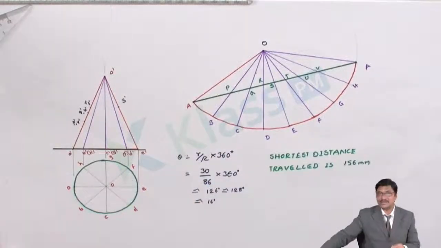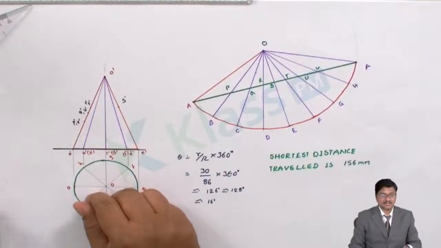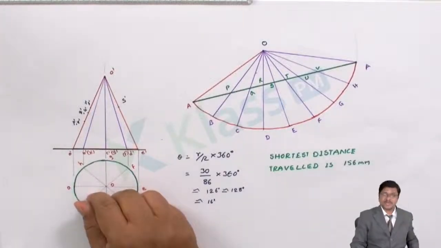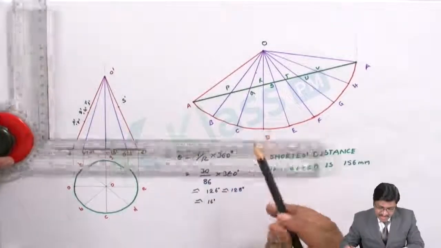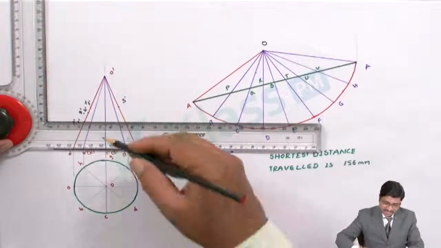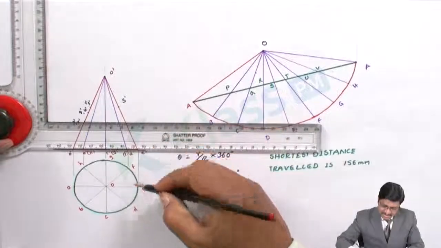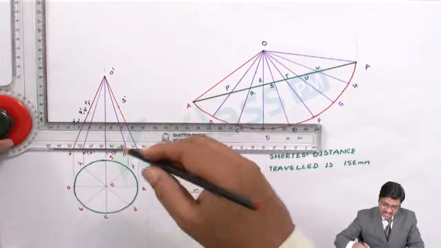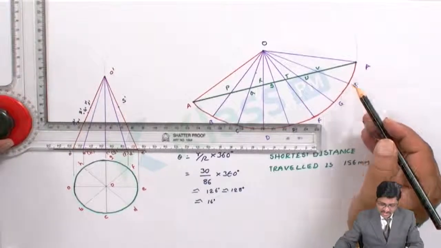After that you have to transfer everything back onto the respective generators. For that I need to use the mini drafter. Take the mini drafter and check the alignment properly. Now P should be on which generator? B. So where is generator B? Here is generator B. Similarly, V is on H, so B as well as H. Where do we have H?